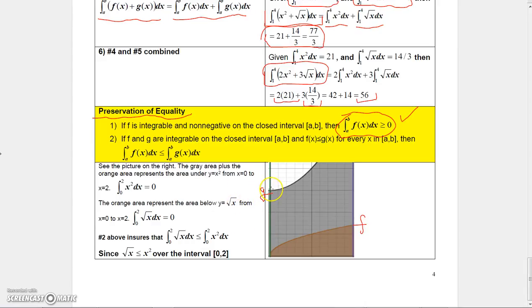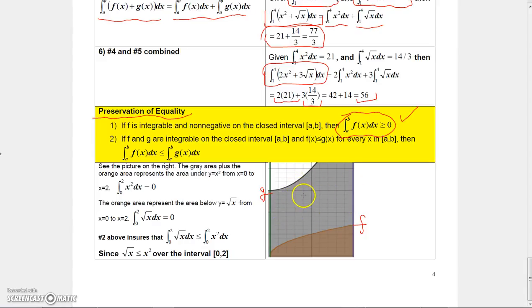Well, if you integrated this function over an interval, it would give you the entire area between this function and the x-axis. If you integrate the other function, it's going to give you only the area below the f function, the square root function. So obviously this brown area is certainly less than or equal to the entire area below the top function.